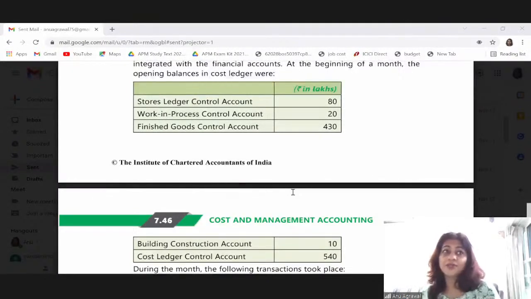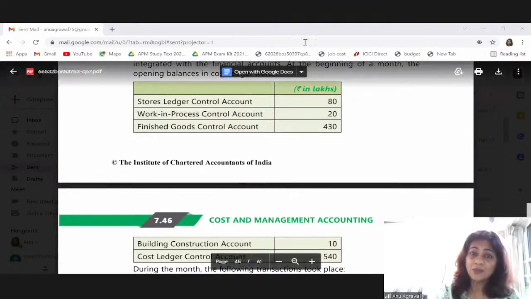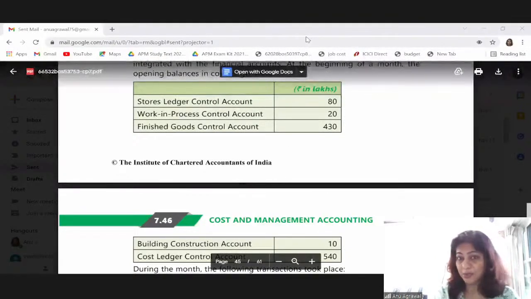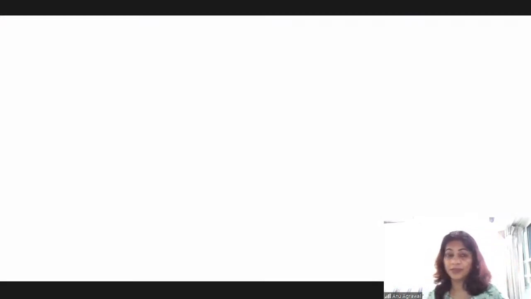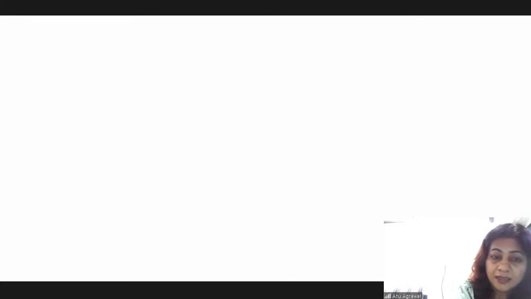In my last lecture, I told you that wherein we actually had expenses, that is factory overhead or administration overhead or selling and distribution overheads, they had an opening balance, right? Now, in this question, I'm not seeing what ICAI has done, I'm just answering your question. There is no opening balance of the overhead account.